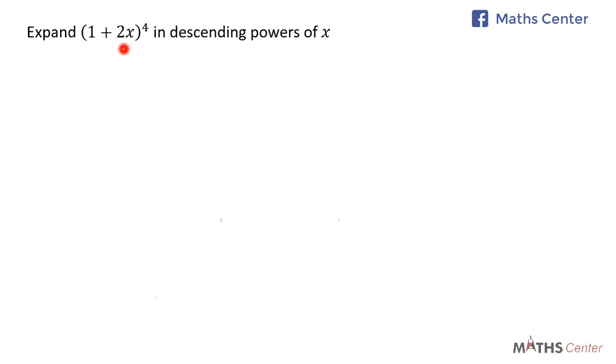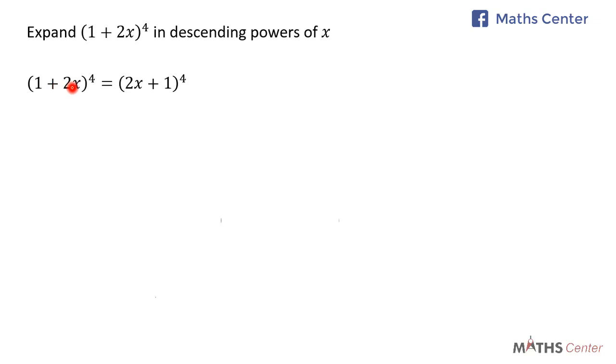So here, if we want x to be in descending powers, then it means that x should be the first term. So the term containing x should be the first term if we want it to be in descending powers. And so we are going to rewrite 1 plus 2x exponent 4 as 2x plus 1 exponent 4. Then we will expand this, because when we expand this, we will have x in descending powers.